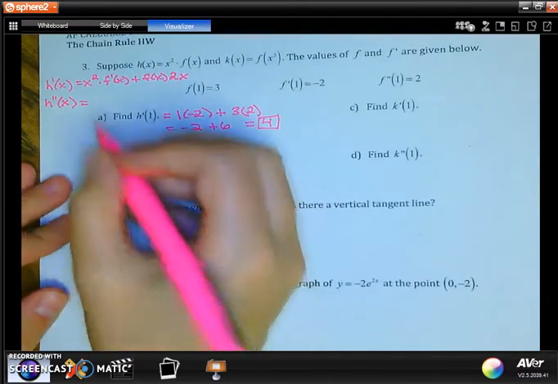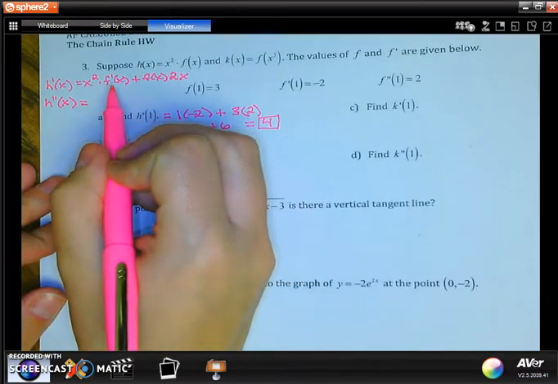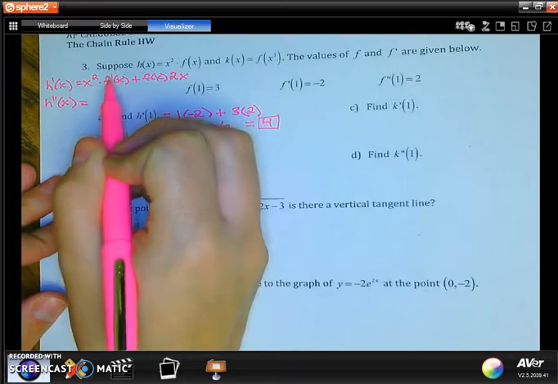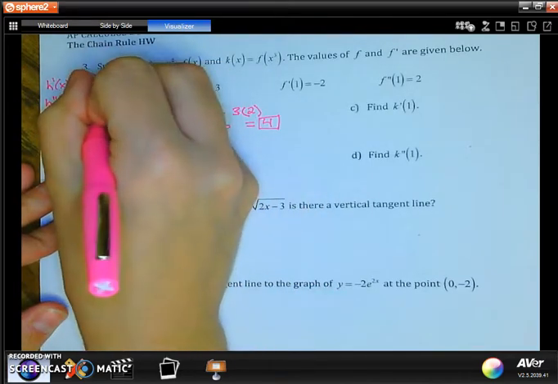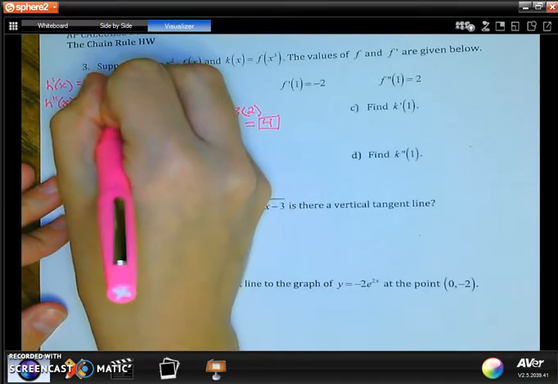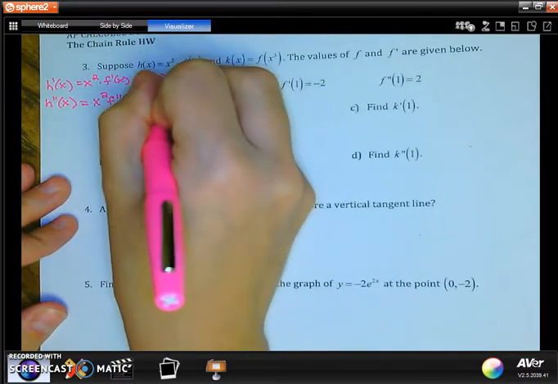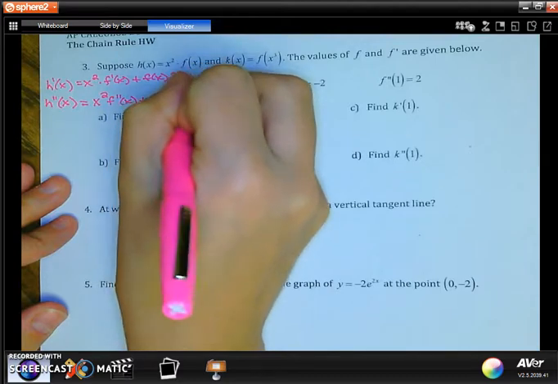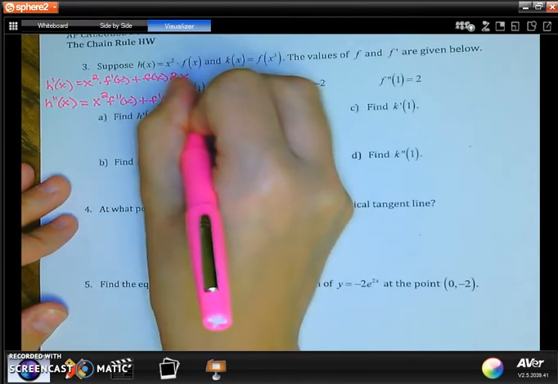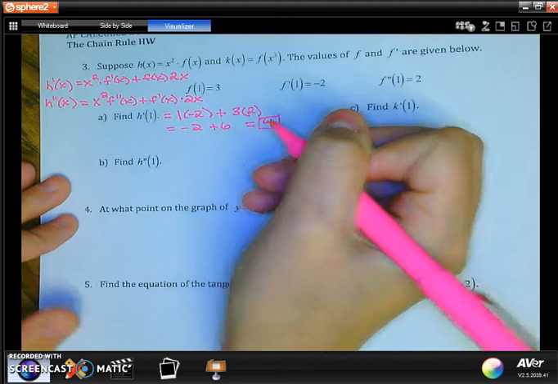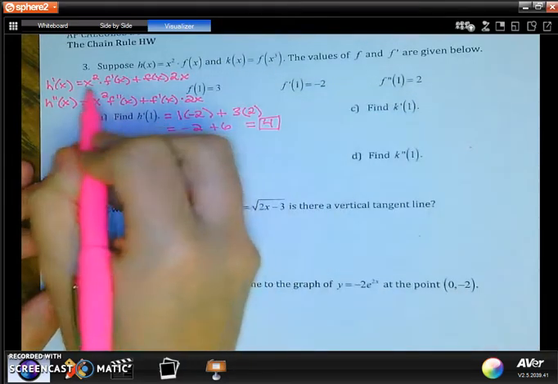So here it's going to be first times the derivative of the second. Well, the derivative of f prime is f double prime, so it's first times the derivative of the second plus the second, which is just f prime, times the derivative of the first. Well, the derivative of that is 2x. So that takes care of the first chunk.